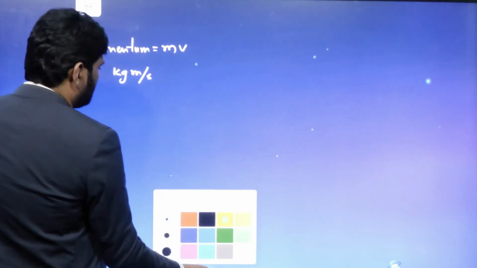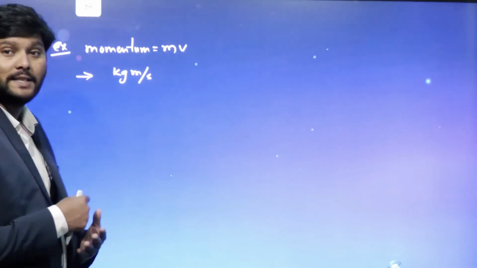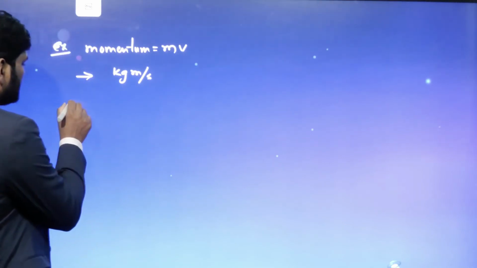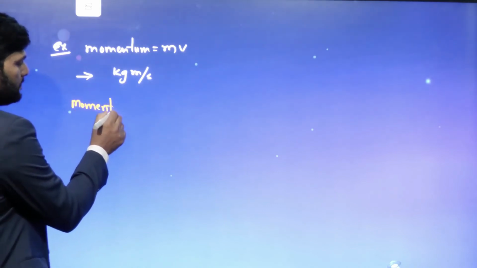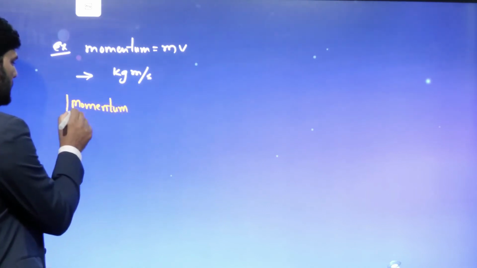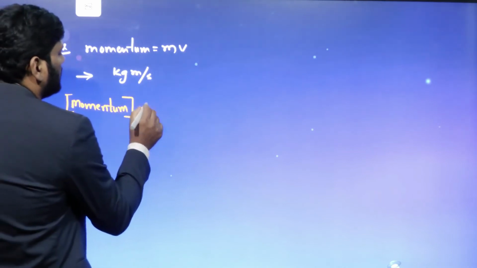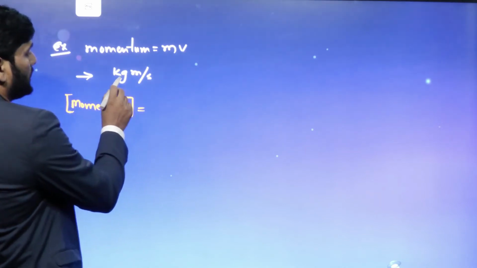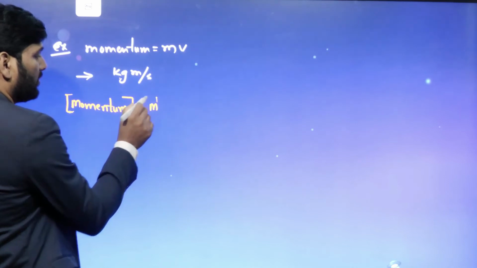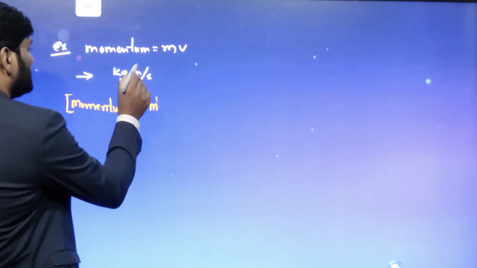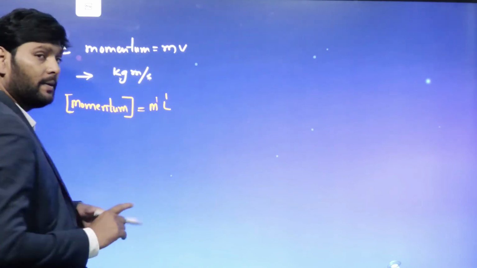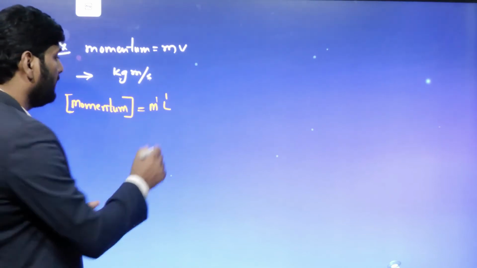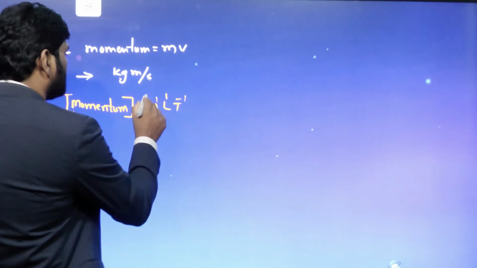After knowing this value, how do you write the dimension formula? Momentum is equal to: kg means M power 1, and meter means L power 1, and per second means it will have the power -1.